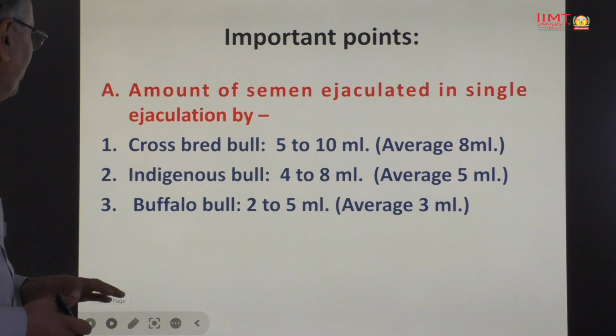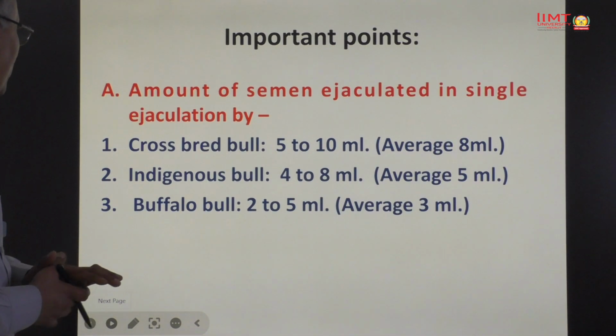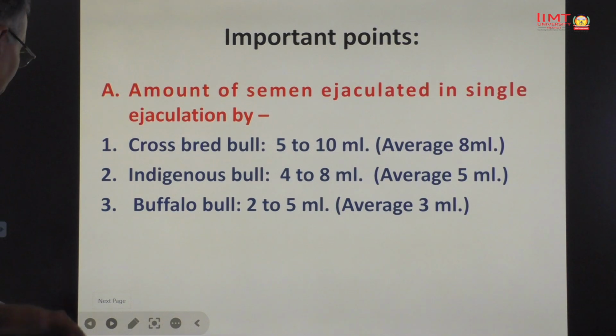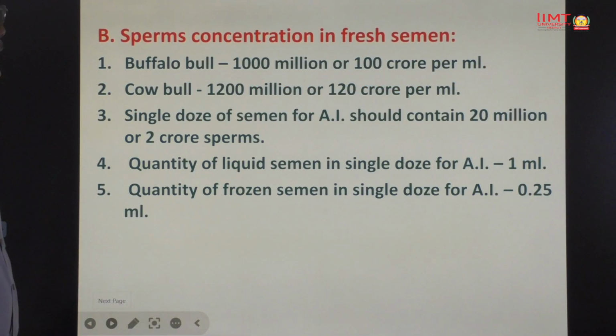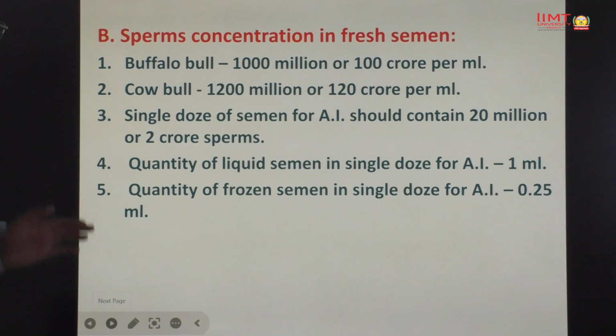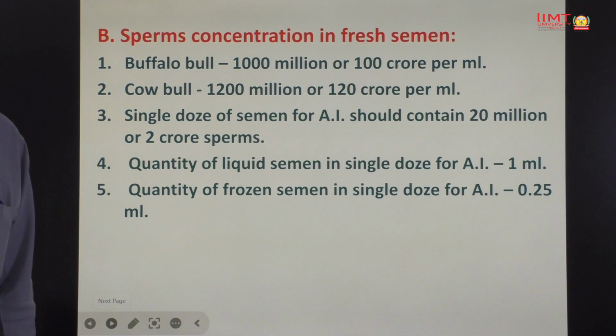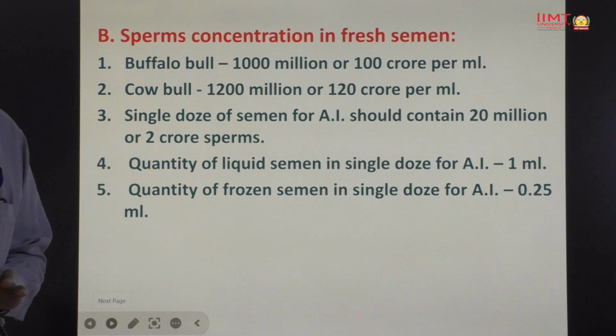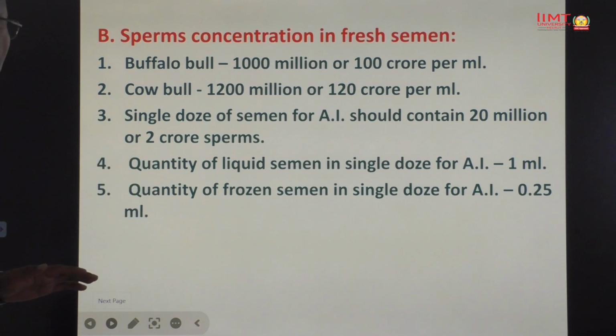In buffalo bull, the bull ejaculates 2 to 5 ml or average 3 ml semen in a single ejaculation. Sperm concentration in fresh semen of buffalo bull is 1000 million or 100 crore per ml. In case of cow bull, sperm concentration is 1200 million or 120 crore per ml of semen.